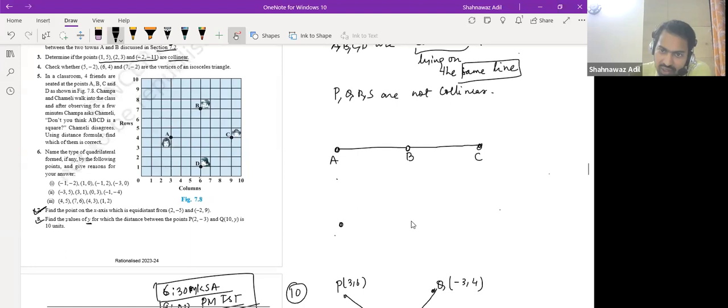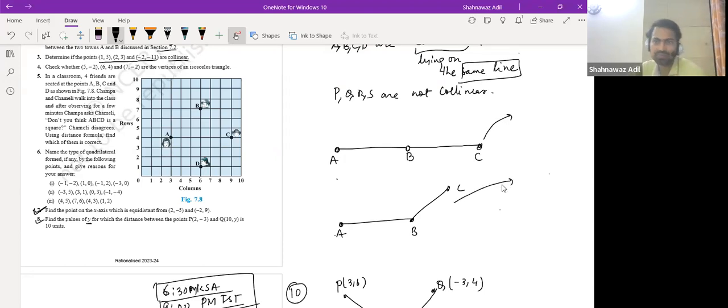Let me draw these points also. So you know that in this case ABC are not collinear, right? But in this case ABC are collinear. So what can you say about the distances in here, and what can you say about the distances in here?